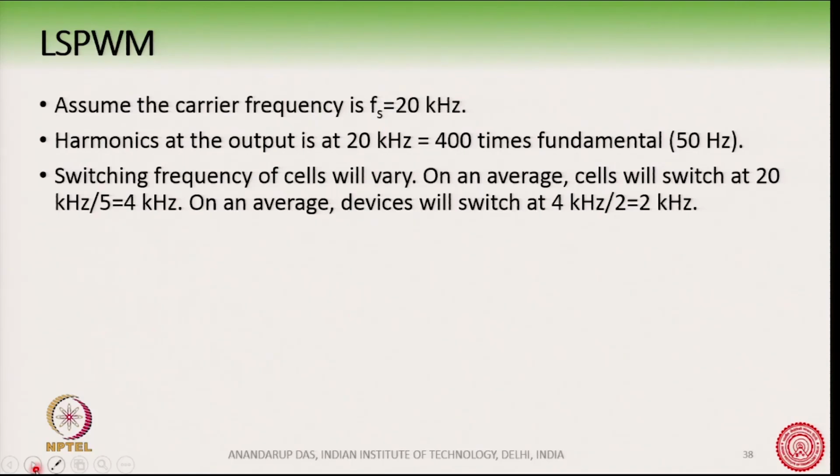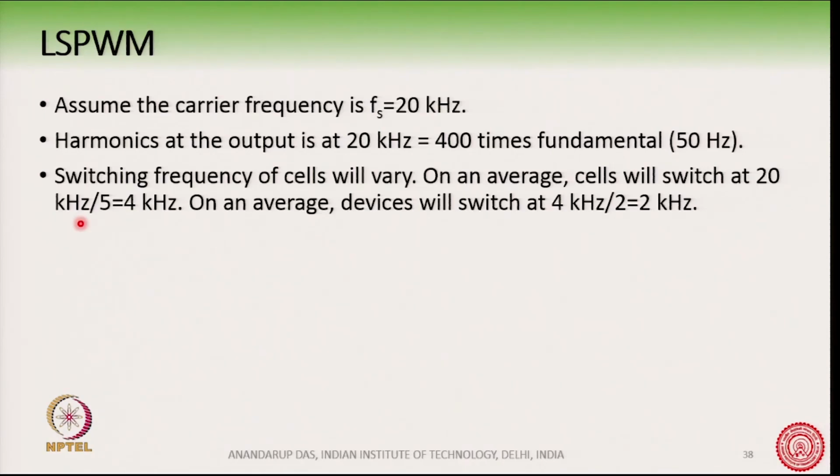We will see that. So, if the carrier frequency is 20 kilohertz, then the harmonics will reside at 400 times the fundamental, but the switching frequency of cells will vary. On an average, cells will switch at 20 kilohertz divided by 5, because there are 5 cells. So, it will come around 4 kilohertz, and on an average devices will switch at 4 kilohertz divided by 2, that is 2 kilohertz.